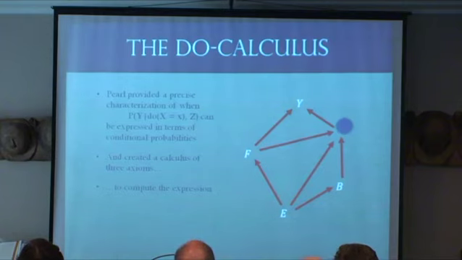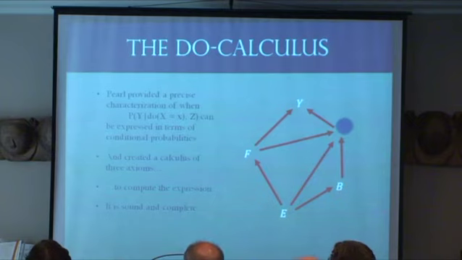And this allows us to compute the value. The calculus allows us to substitute terms without the do operator for terms with the do operator. It allows us to calculate this causal quantity whenever it's possible to calculate it, and just very recently was shown to be complete. So we've got a sound and complete logic of causation, of intervening and learning about the effects of interventions.